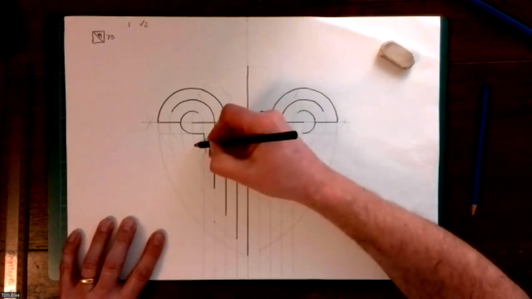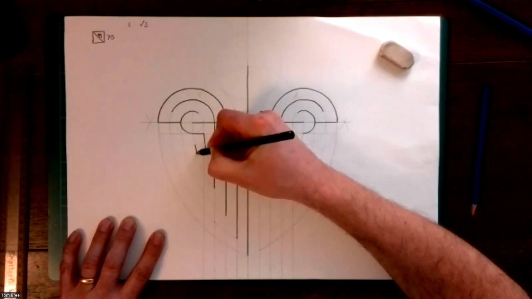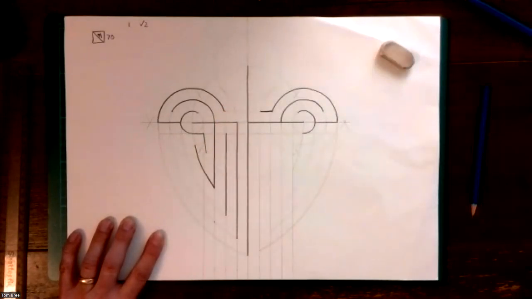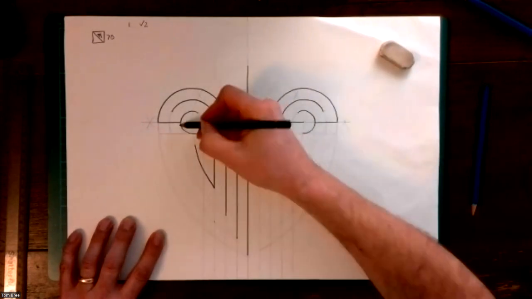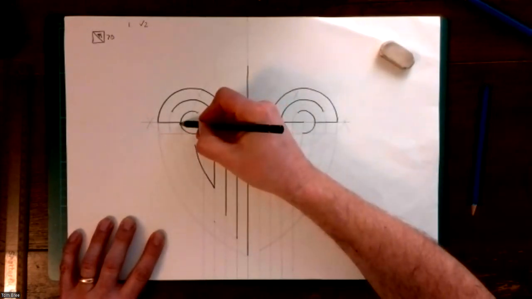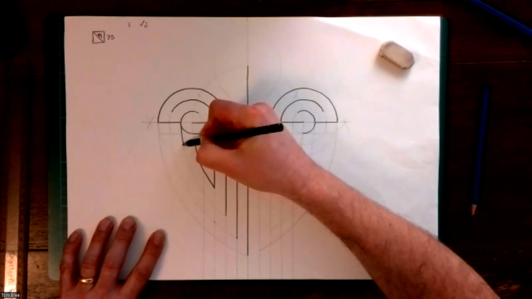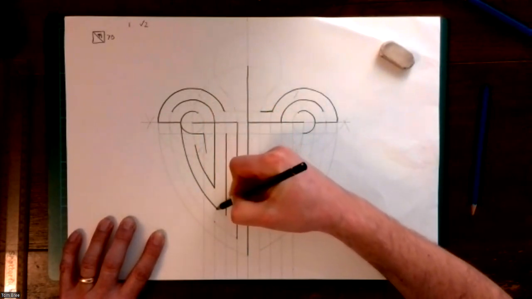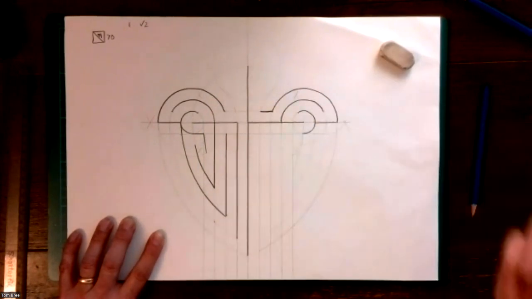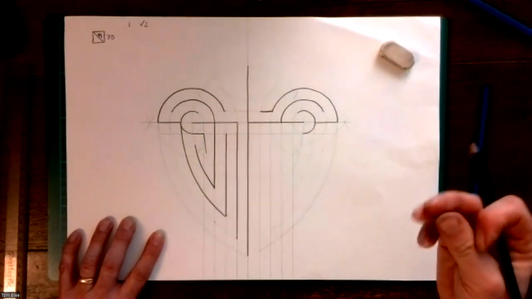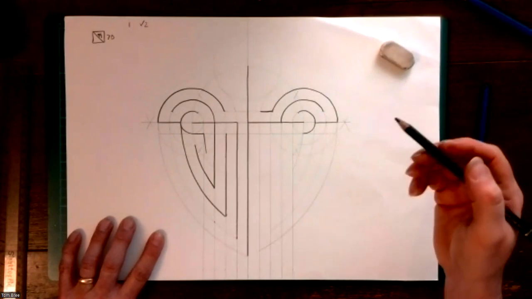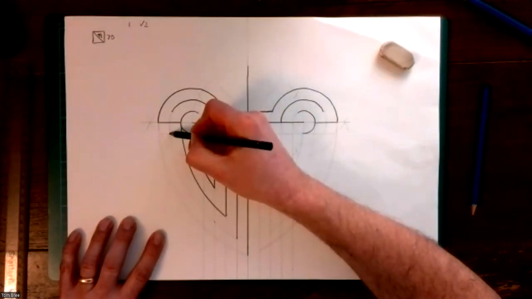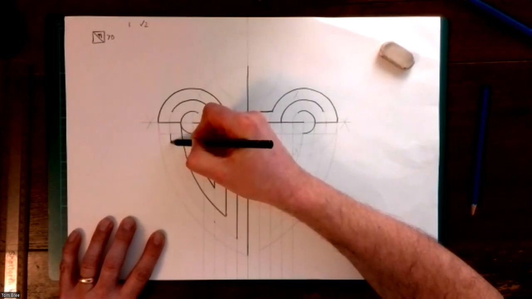Now curved lines. This is the first one, meeting the line that we just finished drawing. Whereas this one goes all the way from that circle. Now this next line, again, we drop down 1 unit.